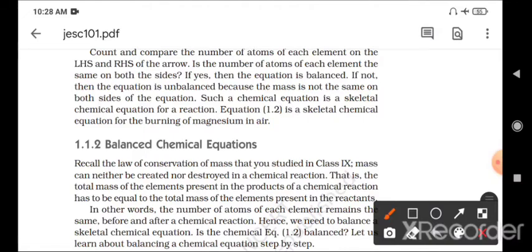So there are two types of definitions here: one is the balanced chemical equation and another is the unbalanced chemical equation.